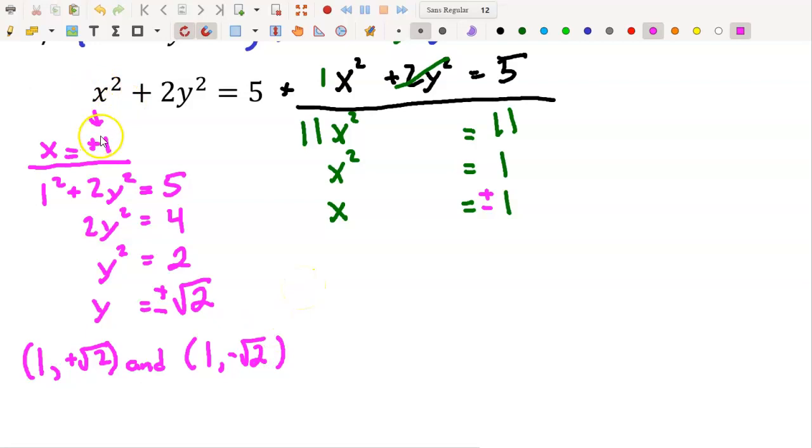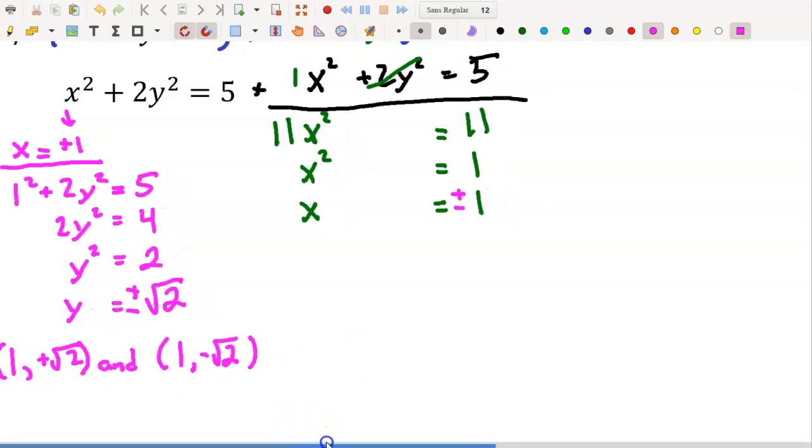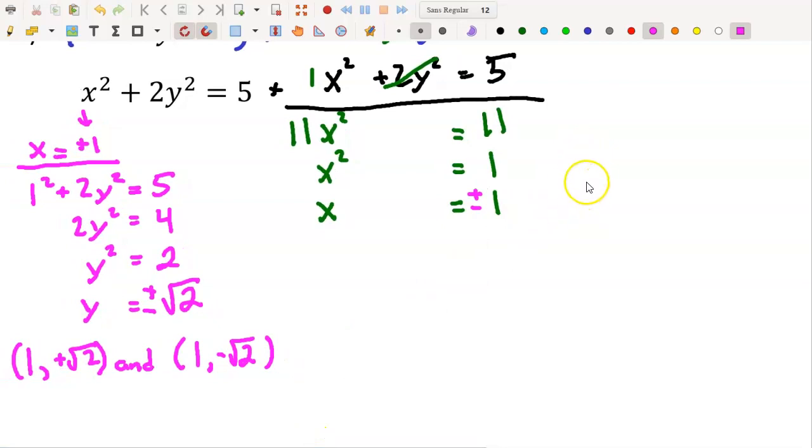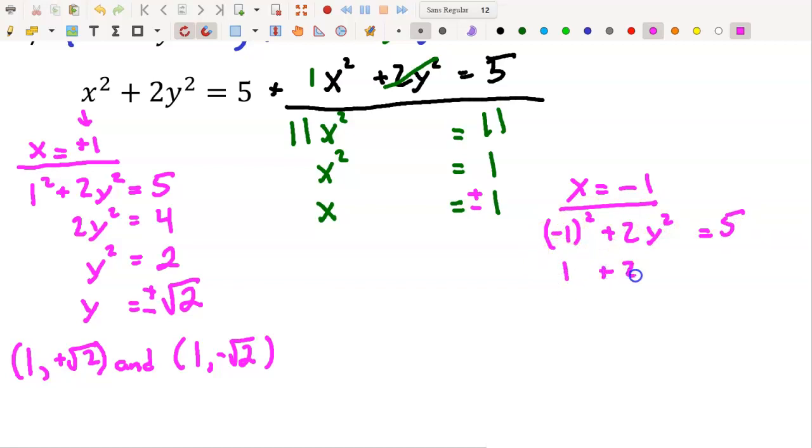Right? Because we still haven't done x equals -1. So we'll do the same thing, right? And get 2 more solutions that are very similar. So if I go over here and say x equals -1, now the nice thing here is that if I use the same equation, the bottom one, I'm just going to square it, right? But as soon as I do that, it's the same equation because 1 squared turned out to be 1 and -1 squared turned out to be 1 as well.